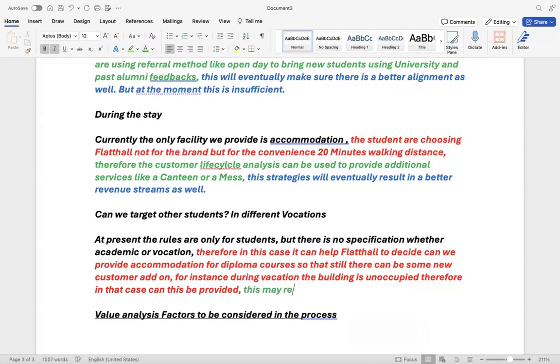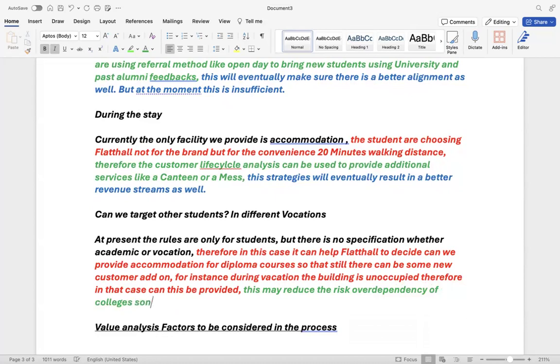Now, students, I'll just write down. This may reduce the risk of over-dependency on colleges, since there can be a rule with regards to completion rates, because it was mentioned, students, completion rates.